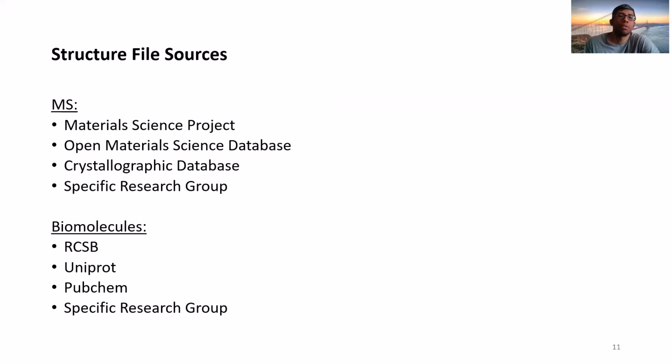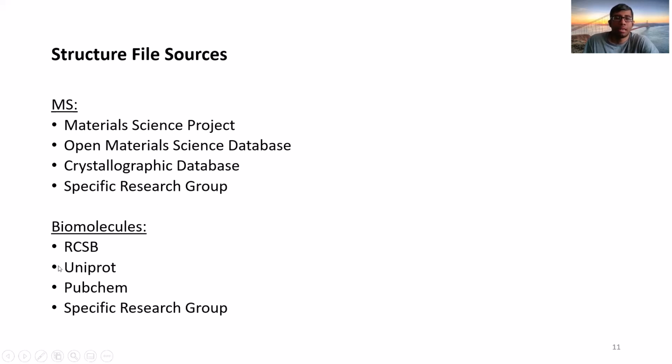For example, popular material science databases are Materials Project, Open Materials Database, the Crystallography Open Database, or specific research groups that make their particularly useful structure files and deposit them in their repositories, which can be accessed publicly or sometimes upon request. And for biomolecules, RCSB is possibly one of the biggest databases for biomolecular structure files.